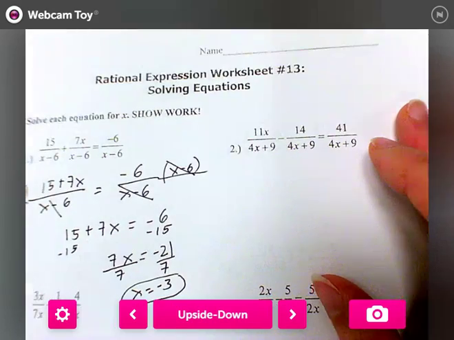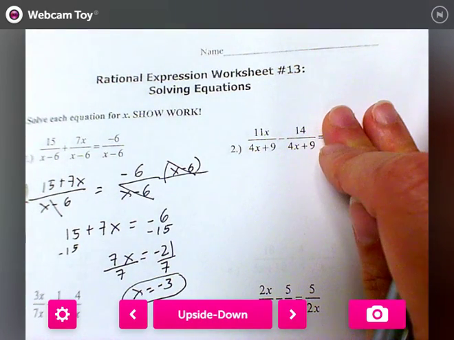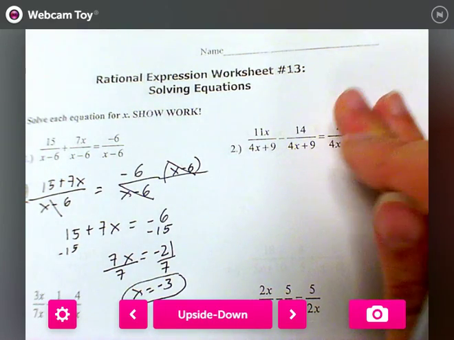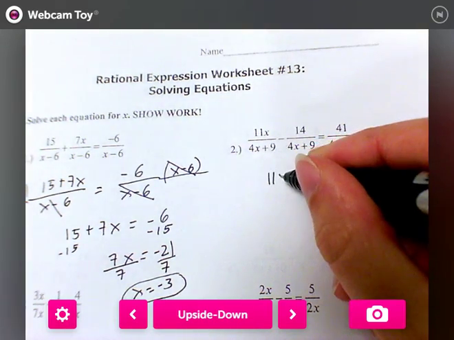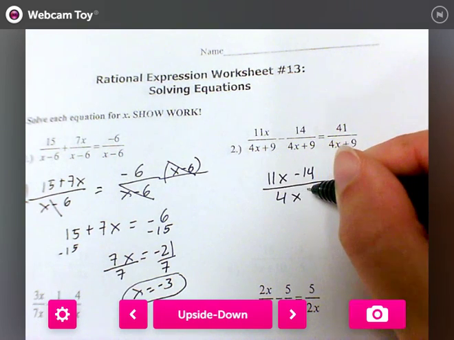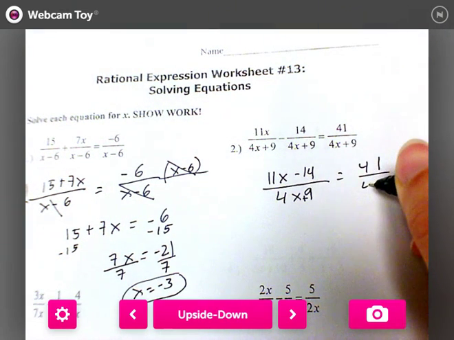Okay. First, we're noticing that it is subtraction on this side and the bottoms are the same, right? So then I'm going to have 11x minus 14 over 4x plus 9 equals 41 over 4x plus 9.